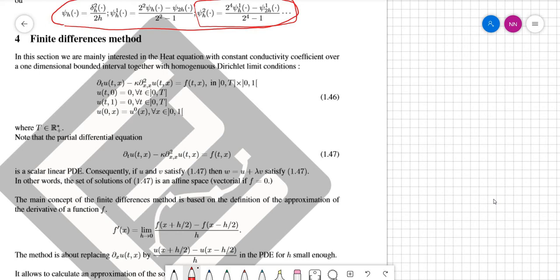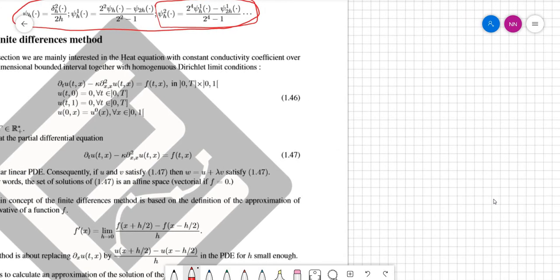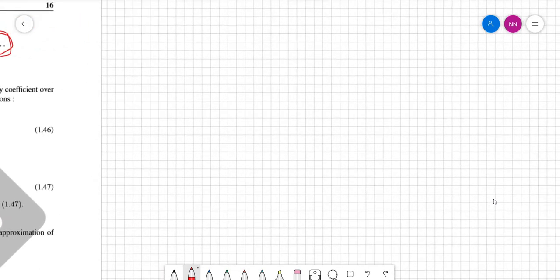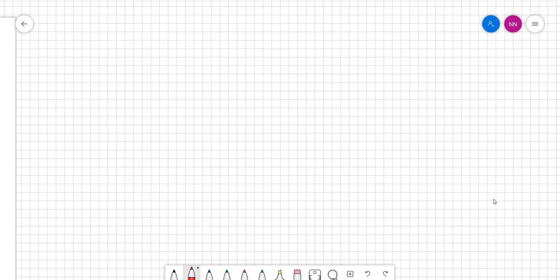Last year you had an equation like, I don't know, y prime plus ay equals something. The idea was to find a numerical solution, which means trying to find the value of the function y, which is the solution to the equation, at some given points.